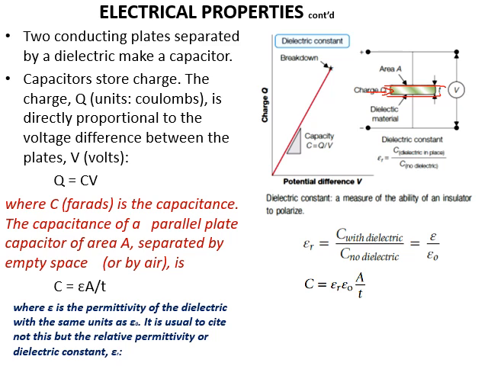Epsilon is the permittivity of the dielectric, with the same unit as epsilon naught, and t is the thickness, the length between the two plates. Whenever you apply a potential across the plates, charge accumulates between them.